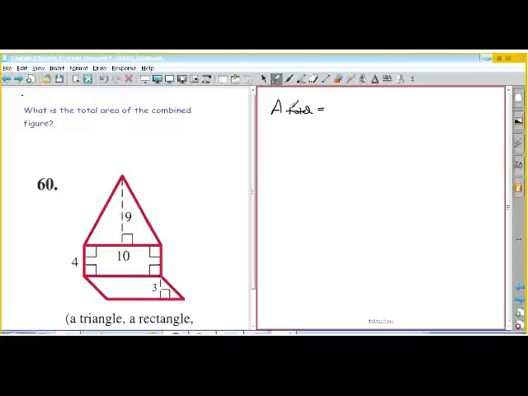So in this case, the total area is the area of the triangle plus the area of the rectangle plus the area of the parallelogram.